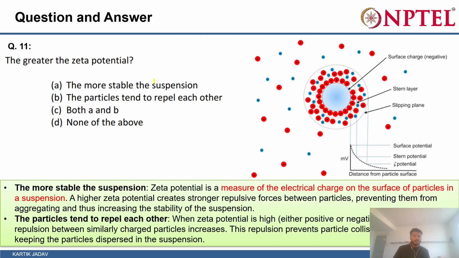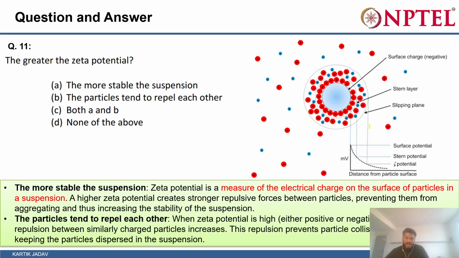Now, zeta potential. Zeta potential is basically the electrical charge on the surface of particles in suspension, and a higher zeta potential creates a stronger repulsive force between particles, preventing them from aggregating and thus increasing the stability of the suspension.